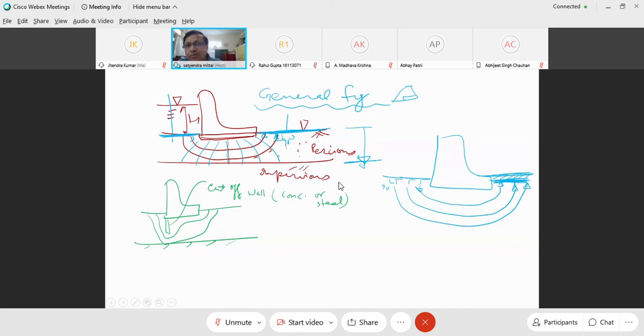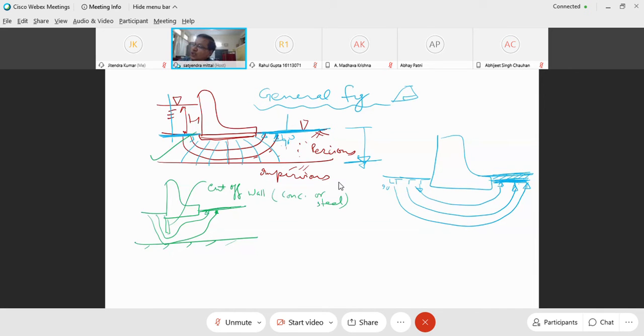Because the flow line is now following a longer path as compared to this drawing, its potential or energy shall be killed. And because its potential and energy are killed, there will be a lesser uplift pressure effect on this.